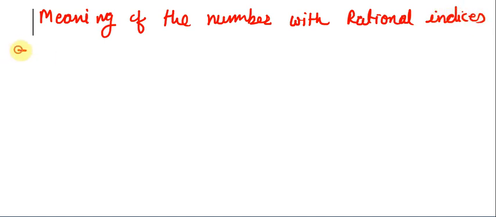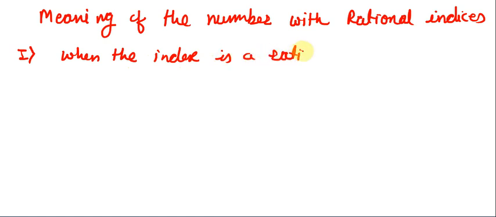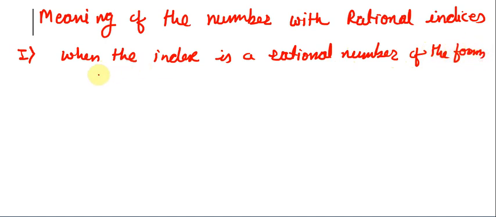First we will see when the index is a rational number of the form 1 by n.